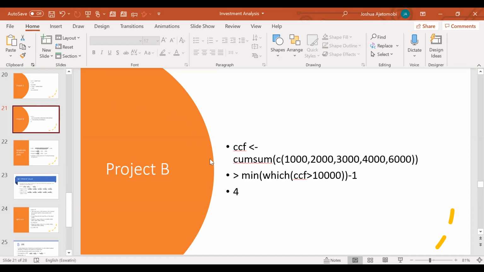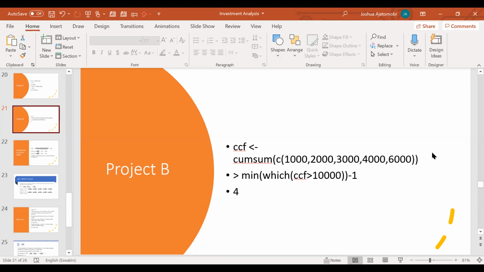What you need to do is to calculate the cumulative sum, cumsum. This is what I call CCF, cumulative cash flow. So cumsum is the function in R. Then c, since we are dealing with so many cash flows, c(1000, 2000, and so on).